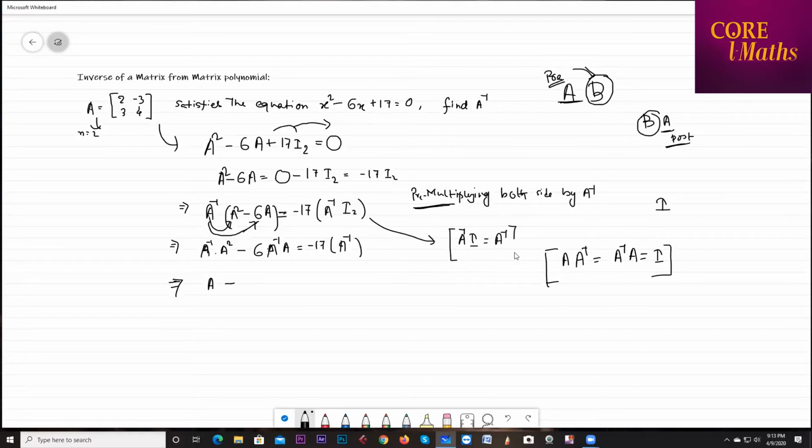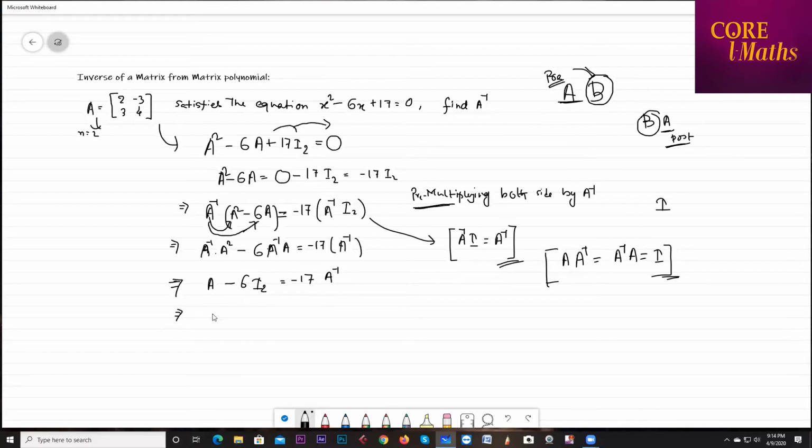If you write it, then it will be much easier to understand. We'll check your copy because these steps are very important, you have to write them. So A inverse into A will be your I2, minus 6 I2, equals minus 17 A inverse.